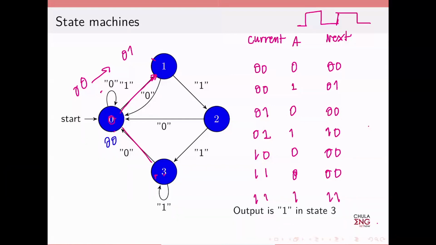So the output depends on what's in the flip-flops. If the D has 1, 1, then we're in state 3. This is just one circuit where the output will be 1 if we have A as 1 for 3 cycles, right?